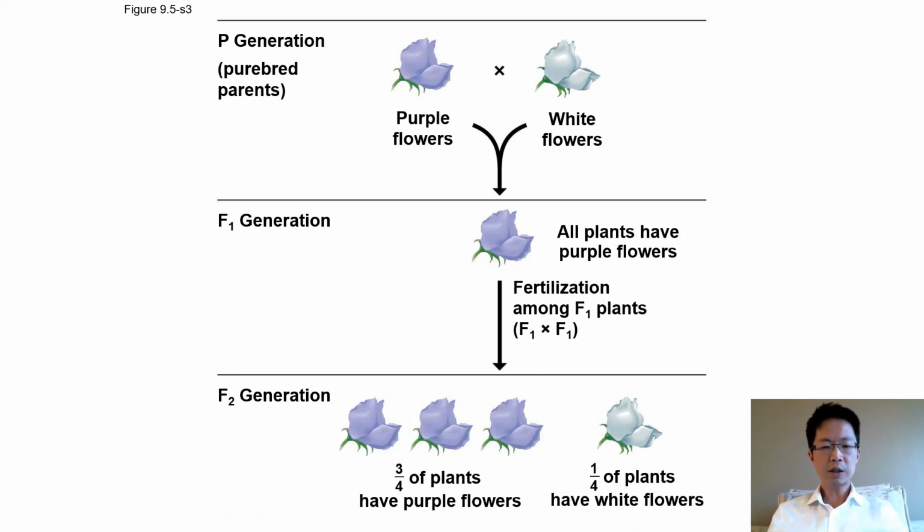The ratio is approximately 3/4 of the plants had purple flowers, and 1/4 of the plants had white flowers. So this is an important ratio that you need to know. 3:1. This is something that you need to memorize.